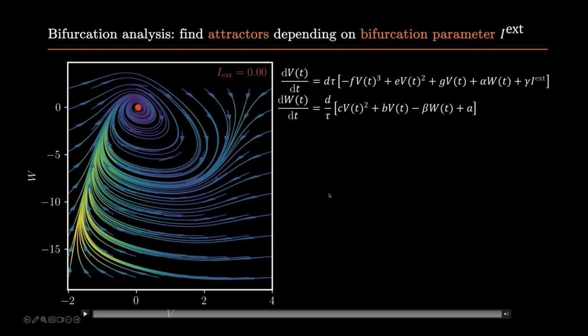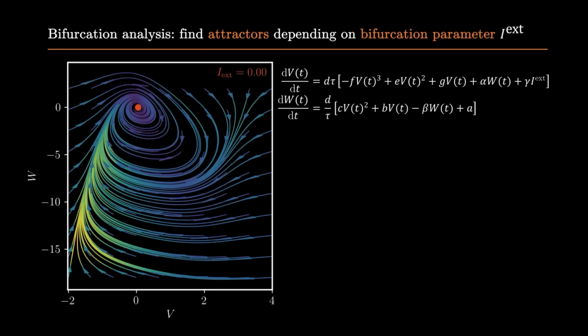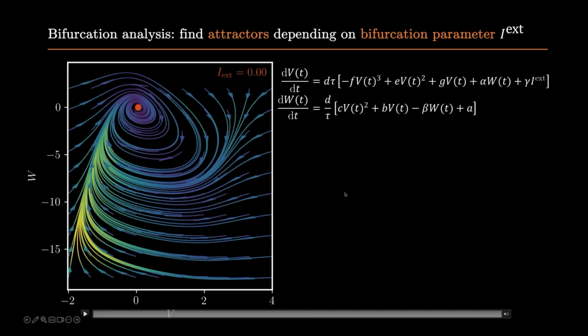We can look at this problem in the so-called phase portrait, where we have voltage on the x-axis, and we have the recovery variable on the y-axis. Here on the top right, you see the current parameter which we are at. This is the external current, which is right now 0.